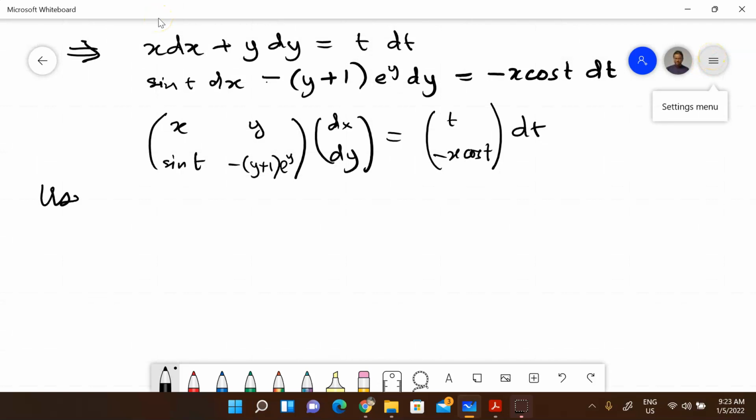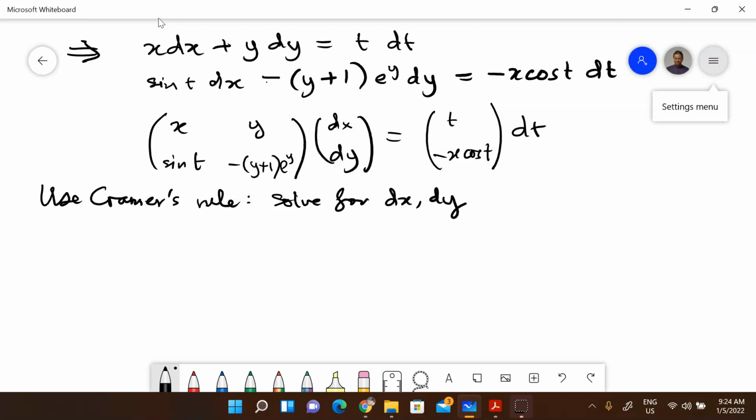This is going to be a bit complicated, so it's not my way of looking at things, but of course one could actually do it. Solve for dx and dy.